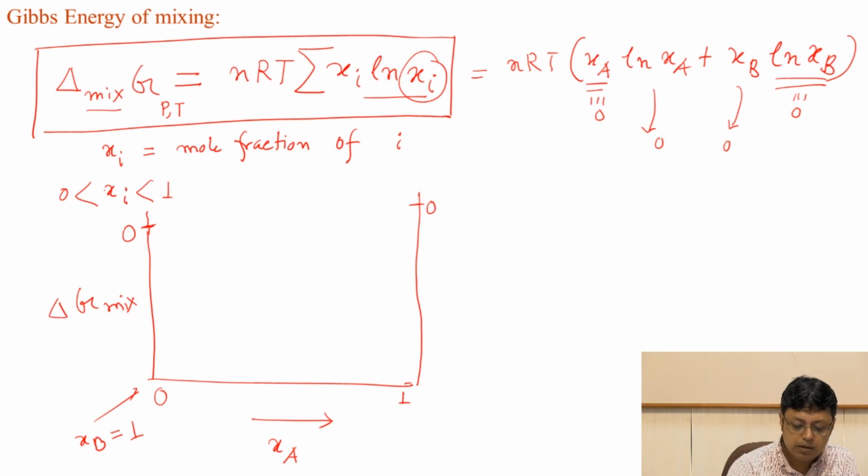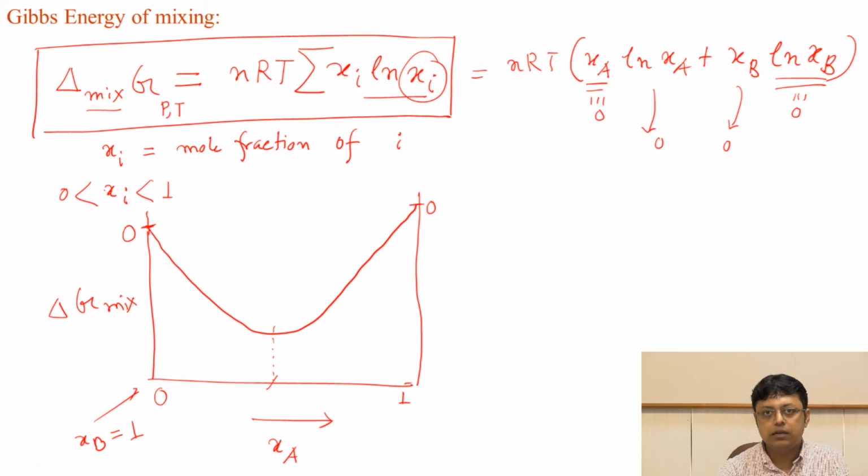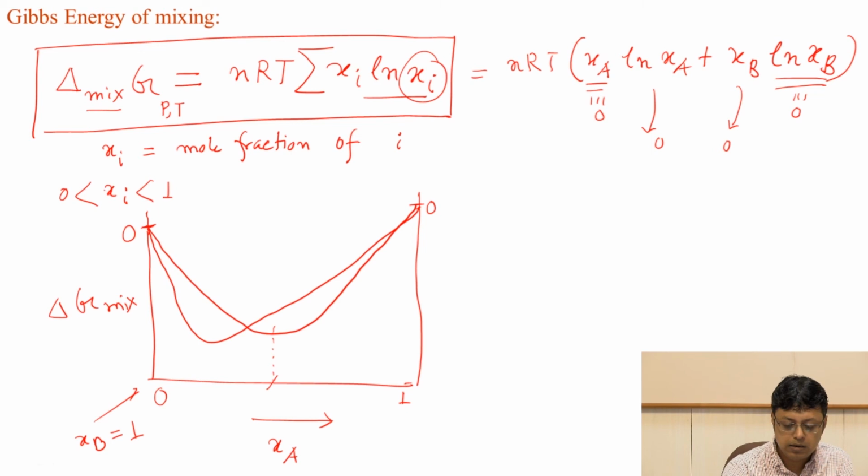It will have a minimum for a particular composition of Xa. Now the way I have drawn it, it looks very symmetrical. It may not be very symmetrical, meaning that we might hit a minimum somewhere, say here, at a particular mole fraction of Xa, which automatically tells the mole fraction of Xb, because we are always keeping Xa plus Xb equal to 1.